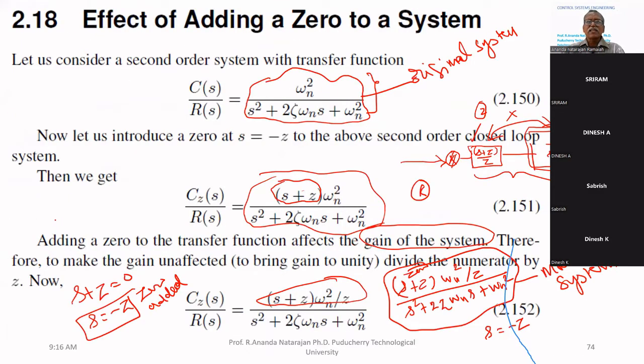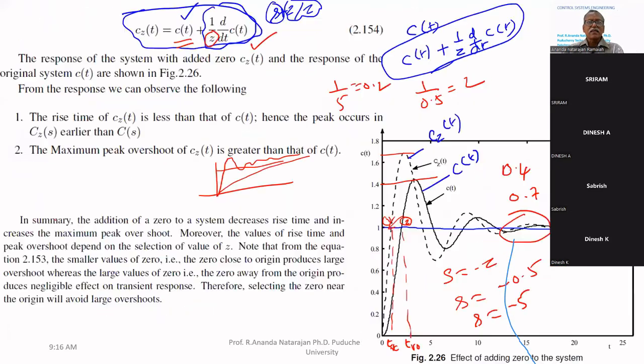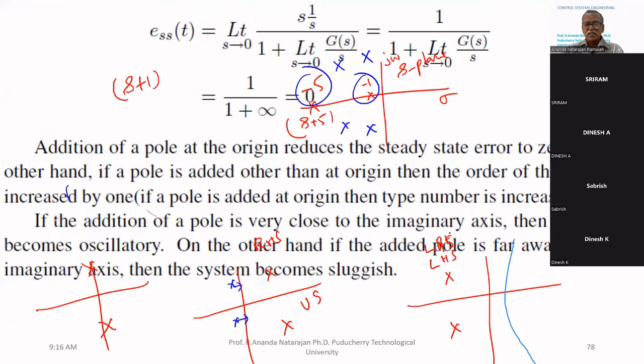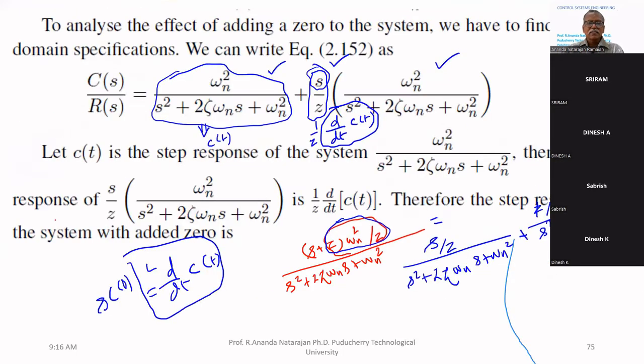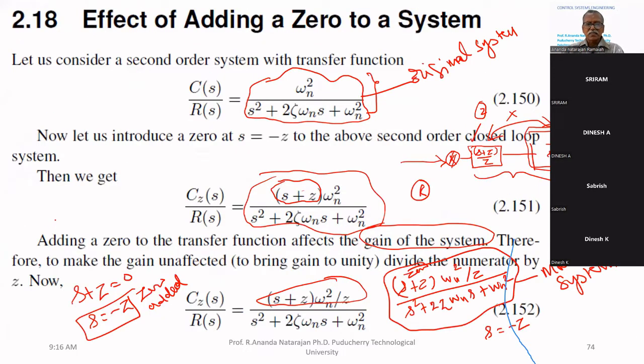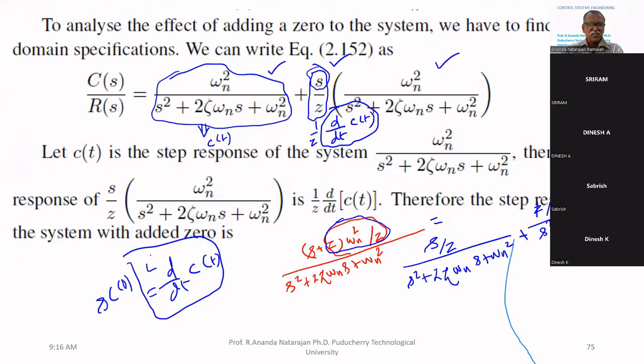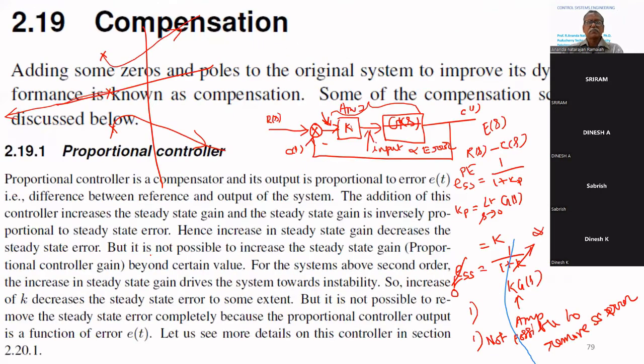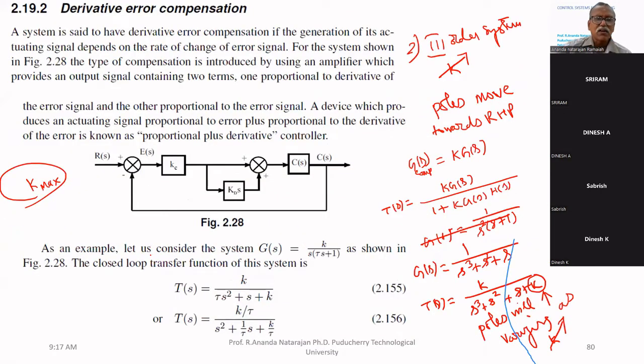The effect of adding a zero to the system is nothing but adding a differentiator. Because if you add s plus z, this s is nothing but derivative of c of t. Already we have seen. So that is derivative compensation. Derivative error compensation. That is KDS.